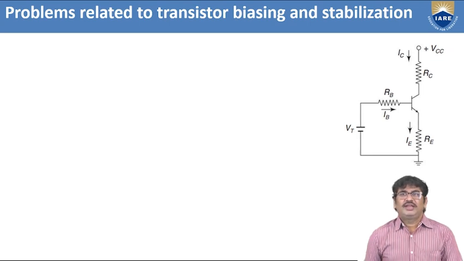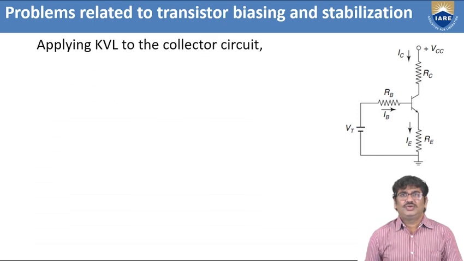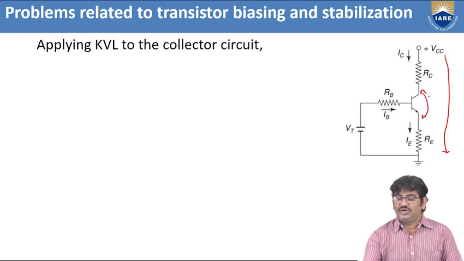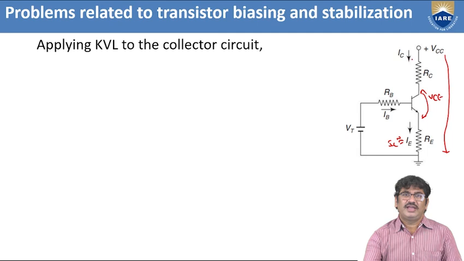Next, we will write the KVL expression for the output circuit. The output circuit consists of VCC, RC, collector to emitter voltage VCE and RE. The amount of current flowing through RE is IE, that we approximated as IC. The current flowing through RC is IC. So we will write the KVL expression of the output circuit or collector circuit.